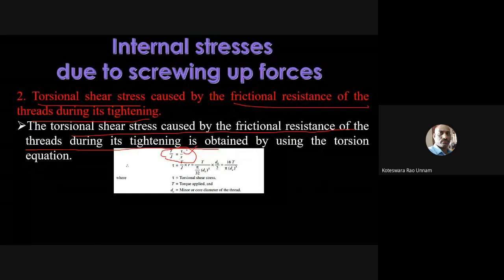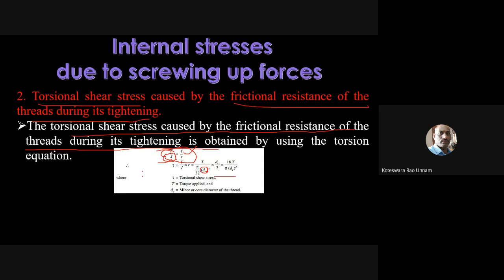Here, T is the applied torque and J is the polar moment of inertia of the bolt. The important point is that while calculating the polar moment of inertia of the bolt, we need to use the core diameter of the bolt.